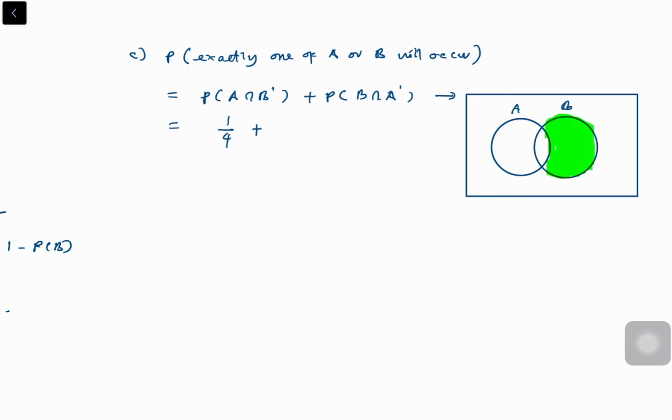This is equivalent to P(B) minus P(A intersect B). So this is equivalent to 1 over 4 plus 1 over 4 minus 1 over 12. After calculating all of these values, you're supposed to have 5 over 12.